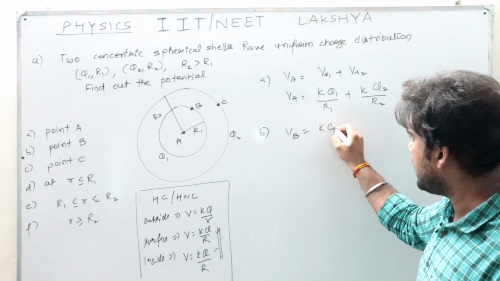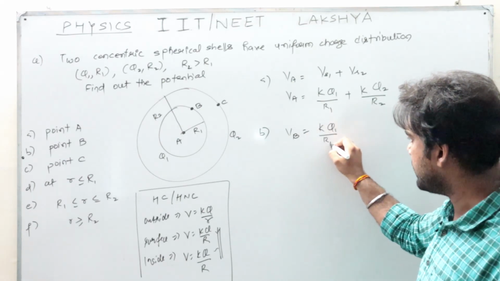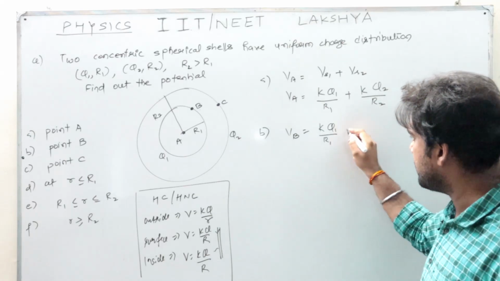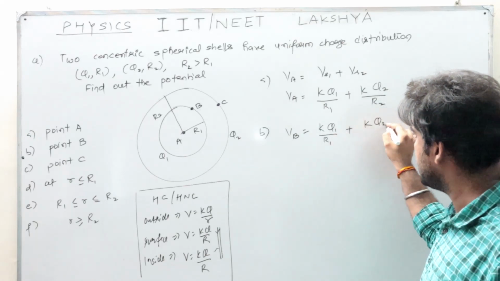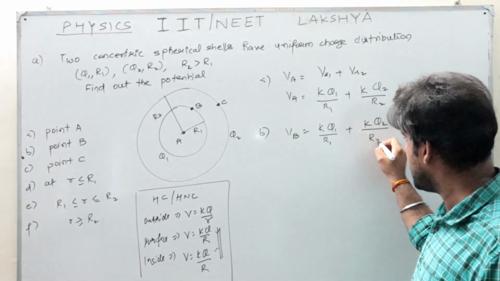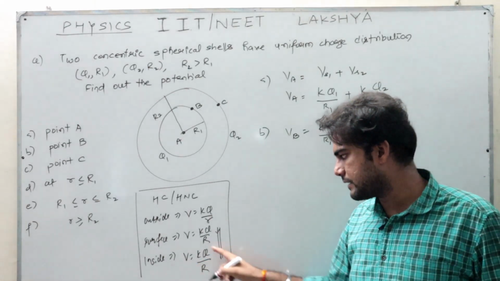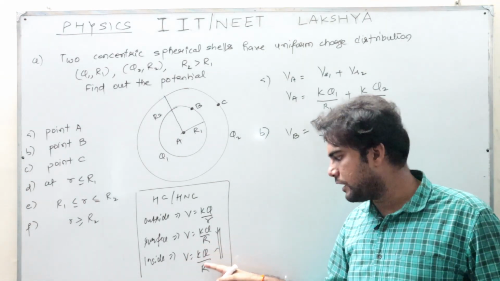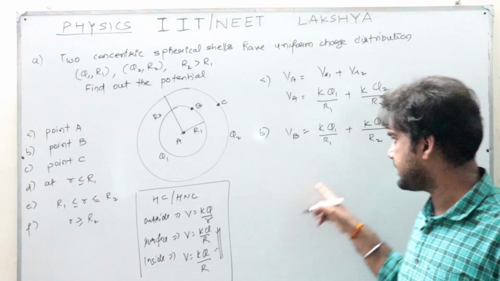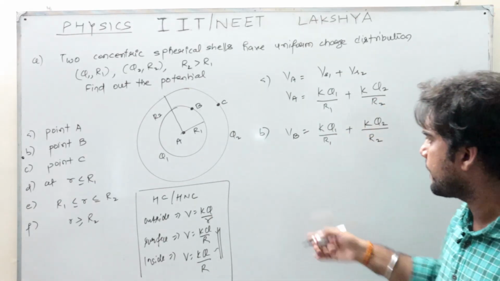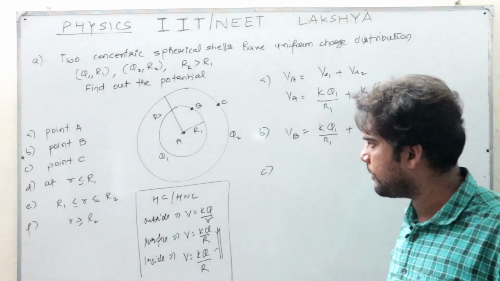So kq1 by r1 for the surface point of sphere 1, plus for the inside point, kq2 by r2. This is the formula inside: k, charge of that sphere over radius of that sphere. The two terms may turn out the same, that is not a problem.